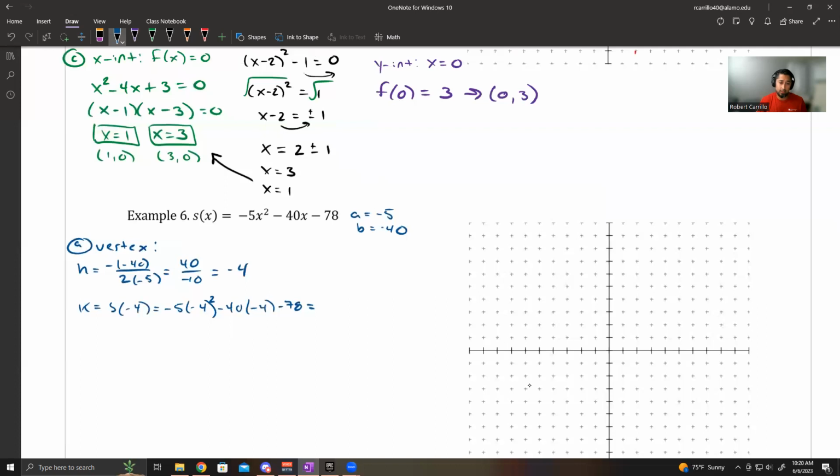That's 16. Let's see. -5 times -4 squared minus 40 times -4 minus 78. And we get 2. So our vertex is -4, 2. Which means move on to the vertex form.